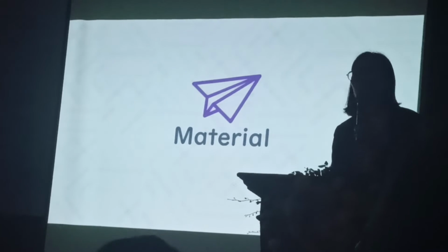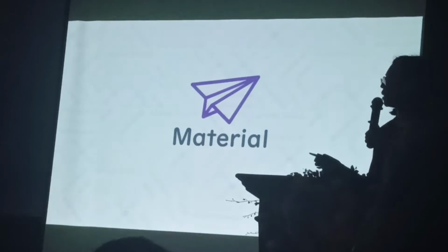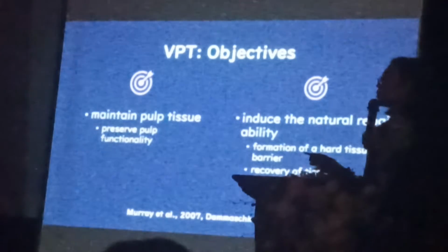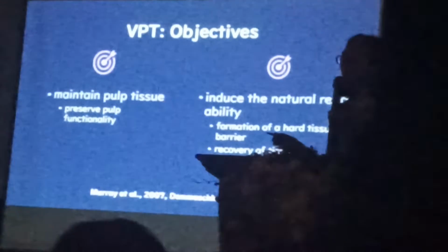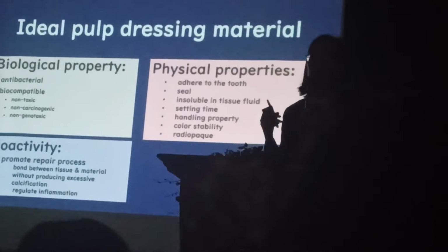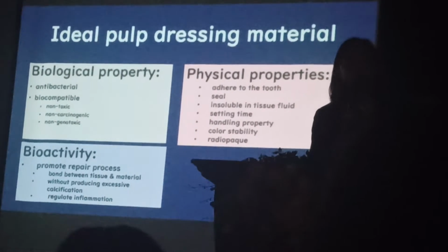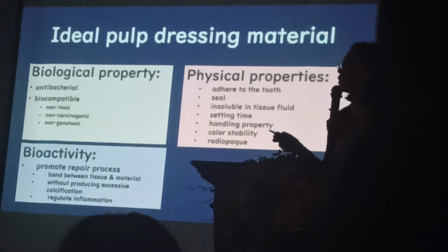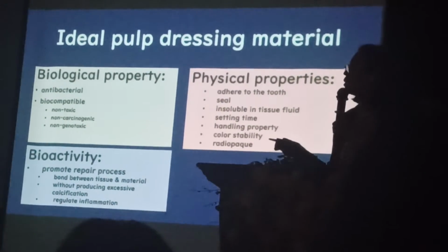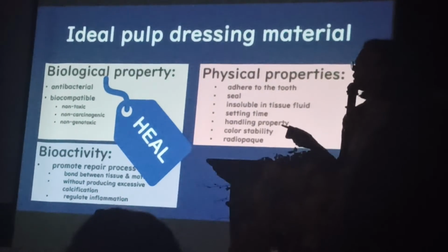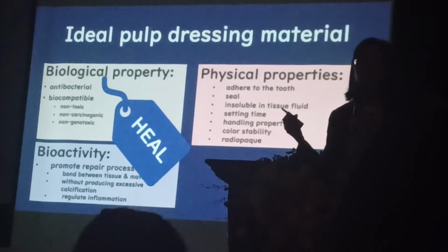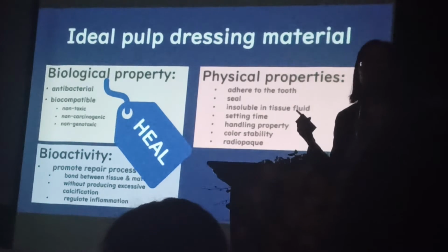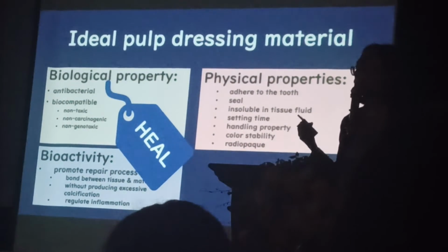So let's discuss the material. Remember, our kids make pulp and use the natural. So, if we want to have a repair, to promote repair, the material should have healing bioactivity to help the pulp repair itself, but not too much to cause complications of liberation of pulp.